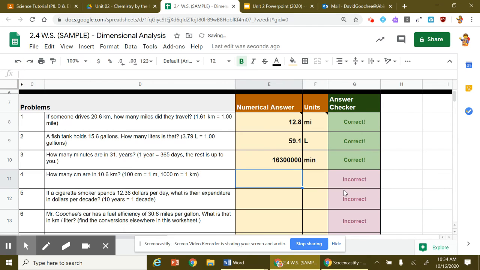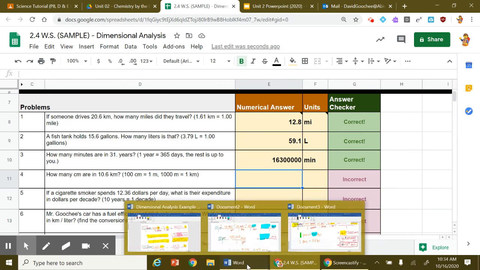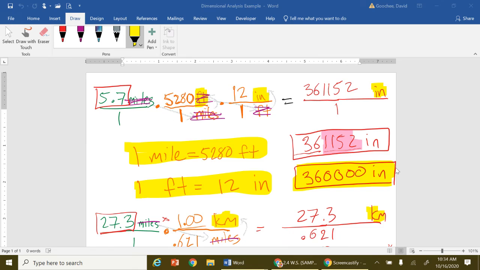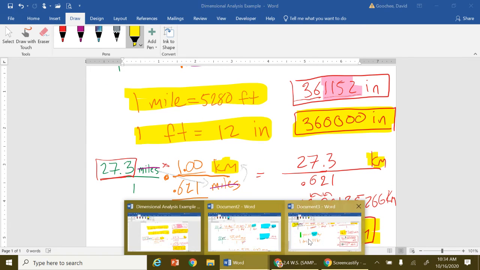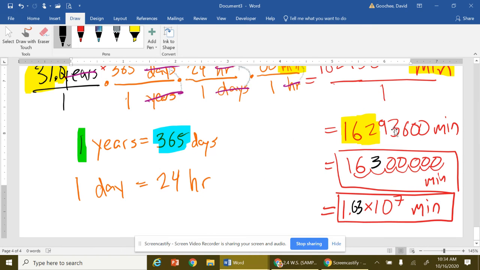Okay, all right, so that was my mistake, guys, on that one. If it doesn't work out, let me know, and I might have made an issue with the significant figures. Alternately, if you just plugged in what the calculator spat out here, like if you just put 16,293,600 in there as your answer, it would have marked it as correct. I haven't figured out how to get this thing to do significant figures correctly.